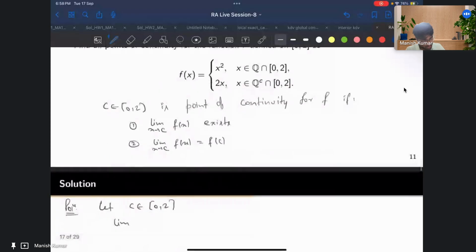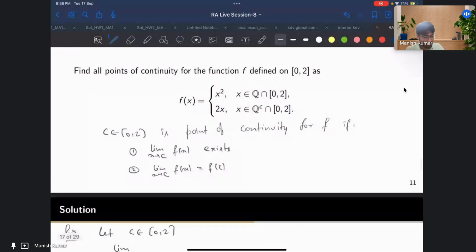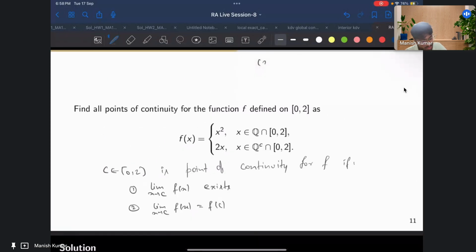So maybe I'll prove what the discontinuous point is, or where the limit does not exist. Suppose you have two sequences xn and yn, both converging to c. Now if you look at f of xn, let's say xn is rational, and yn is in R minus Q, the Q complement.